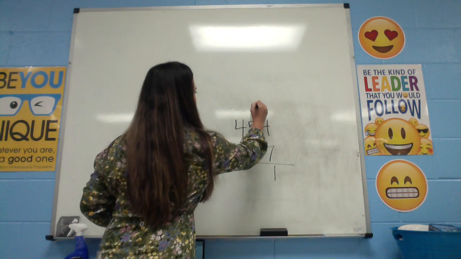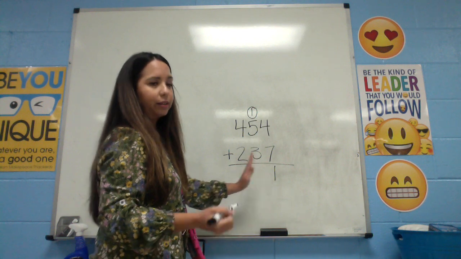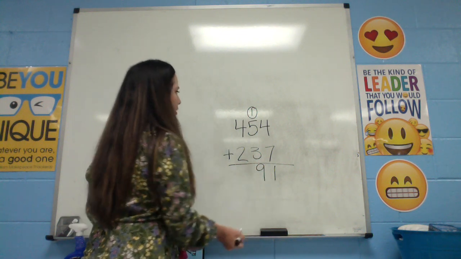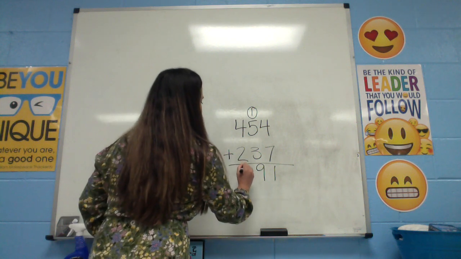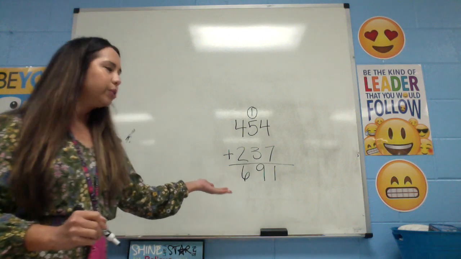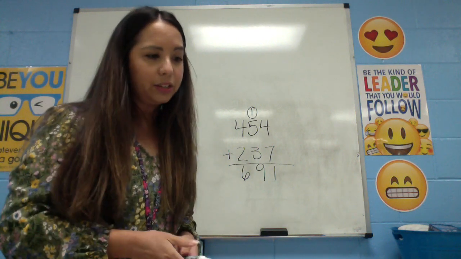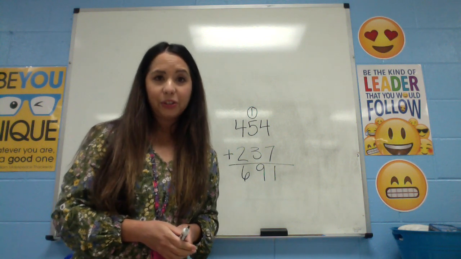Regroup. 5 plus 3 tens is 8 tens, plus the 1 ten that we regrouped is 9 tens. In the hundreds, 4 plus 2, 4, 5, 6 hundreds. So our total, our sum is 691. And these were the properties of addition that help you add to find the sum.